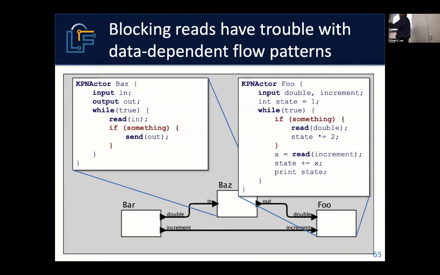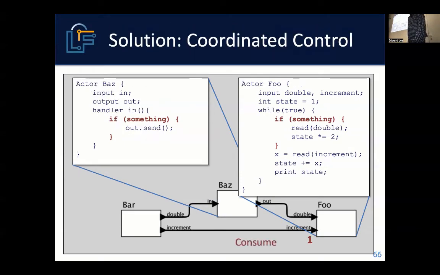So it's a replication of the decision logic that then has to get distributed throughout the system. To me, this ended up being kind of a fatal flaw in Kahn process networks. And so we stopped working on them and decided that that was really not the right way to get deterministic concurrency.